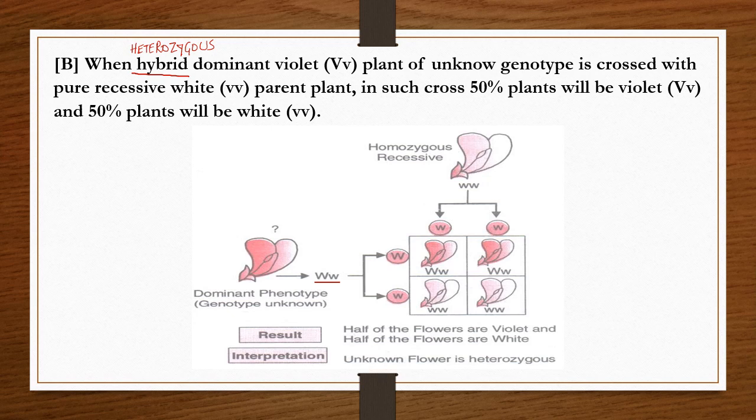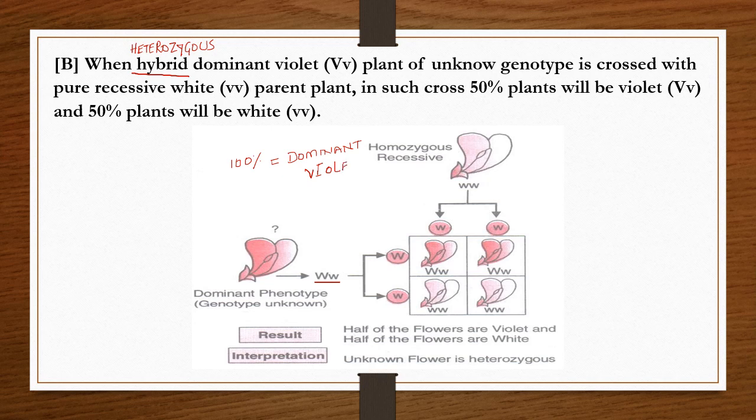Then when you get 100% dominant characters, here the 100% dominant character is violet.